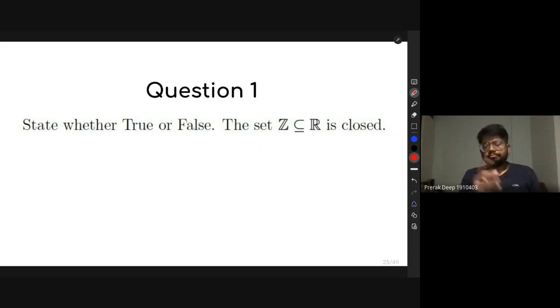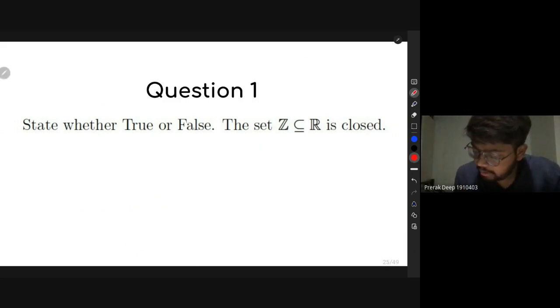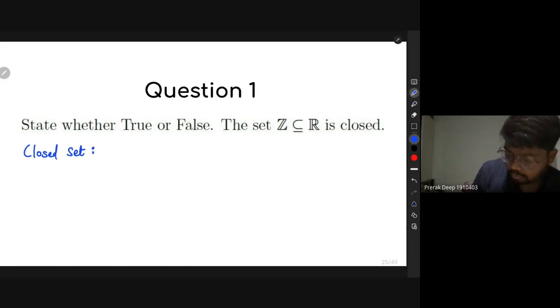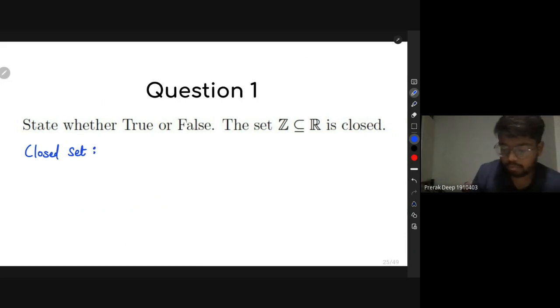Before we further start, let me start with discussing the closed set. Let us recall what we mean by a closed set. There are multiple definitions.